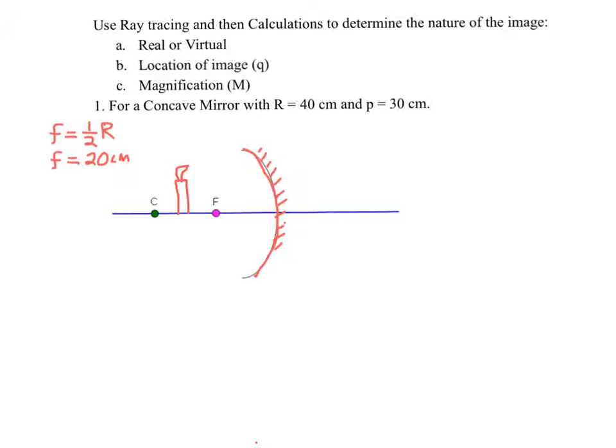What I care about, I'm going to erase all those, is the 3 particular rays that were on the previous page, and that is the one that comes in parallel to the principal axis. I called that rule number 1, but it doesn't really matter what rule it is. I have at least one ray out of millions I can draw that comes in parallel to the principal axis, and when that hits the mirror, it reflects through F, like that.